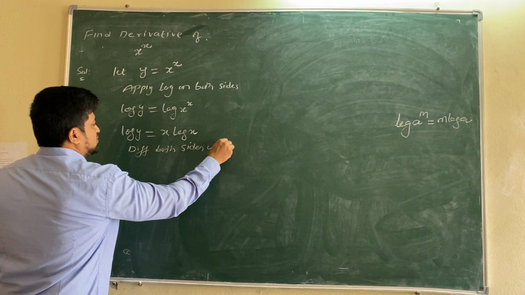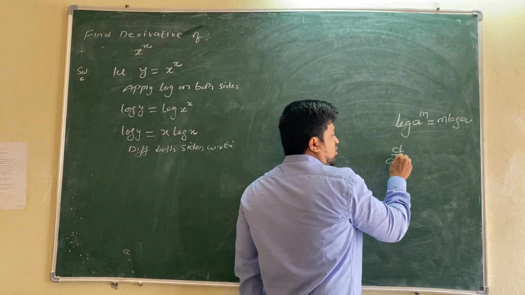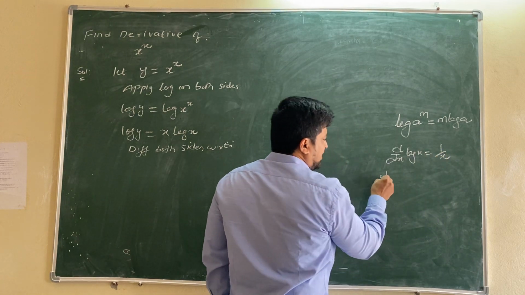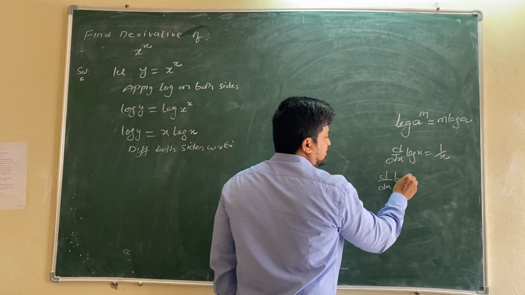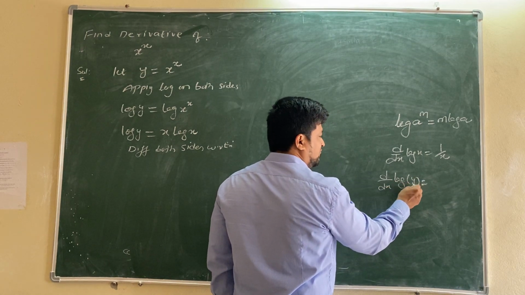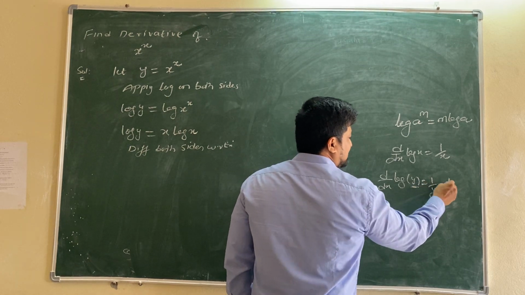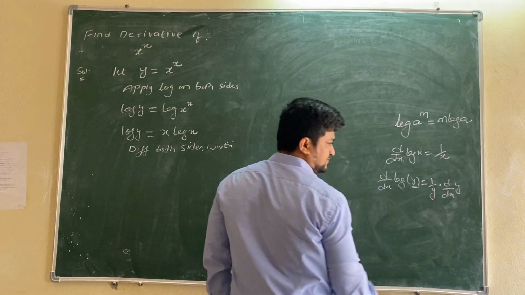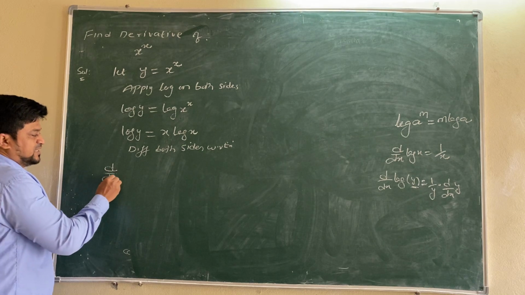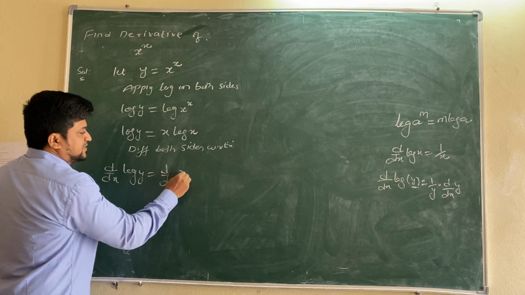Differentiating both sides with respect to x. Basic thing: d by dx of log x, what is the answer? 1 by x. If I write d by dx of log y, it is 1 by y into d by dx of y, because y is not x. So differentiating both sides, first we take d by dx on the left side, then d by dx on the right side.